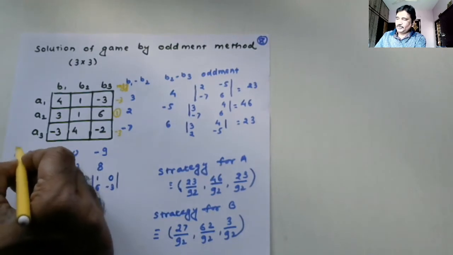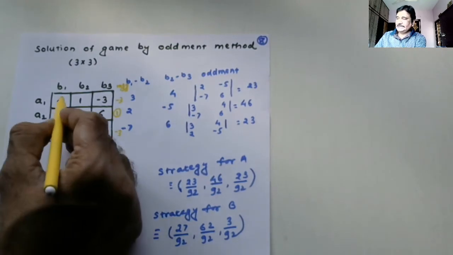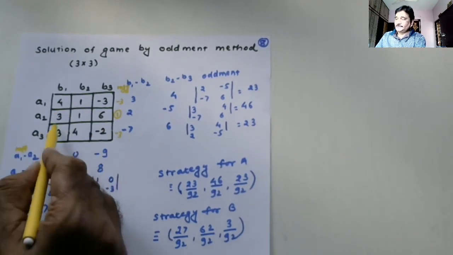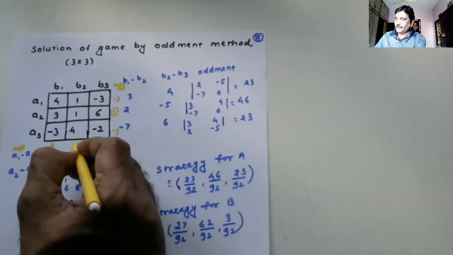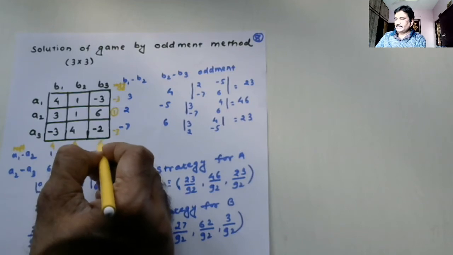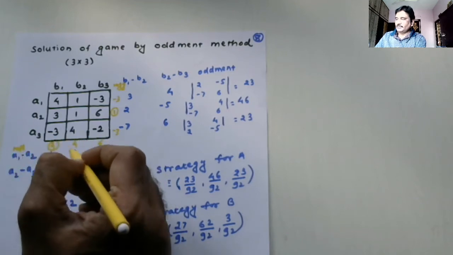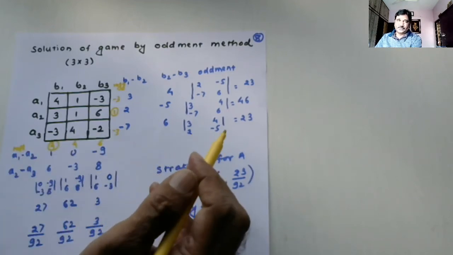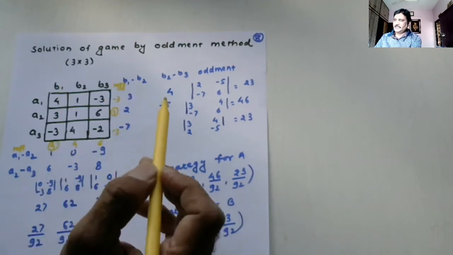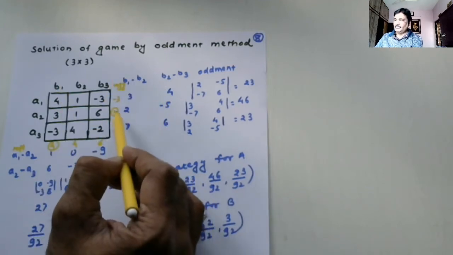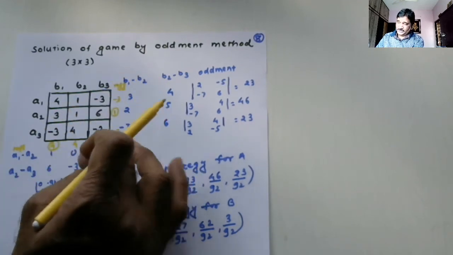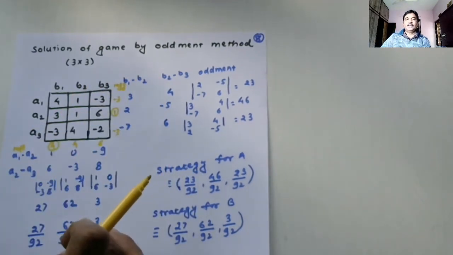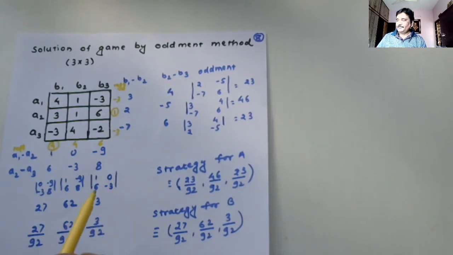And maximum possible loss is what? 4 here, then 4 here and 6 here. So 4 is the minimum of the maximum possible losses. So amongst all these, maximin is not equal to minimax. This thing actually is to be done at the very beginning of the solution of the game. All right.